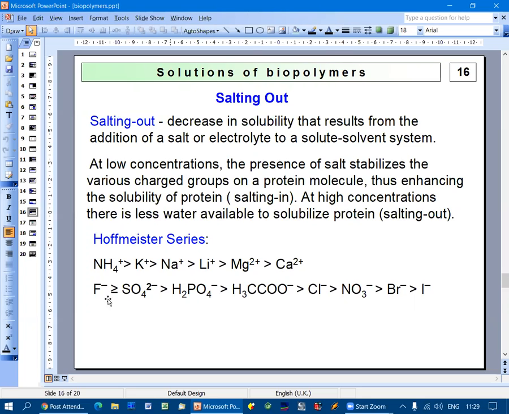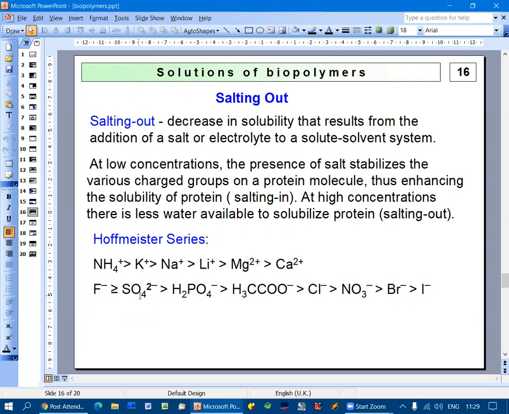And the reason is, again, the ability of cations and anions of the added salt to absorb water, because any cation and any anion in aqueous solution is hydrated, covered with thin films of bound water.